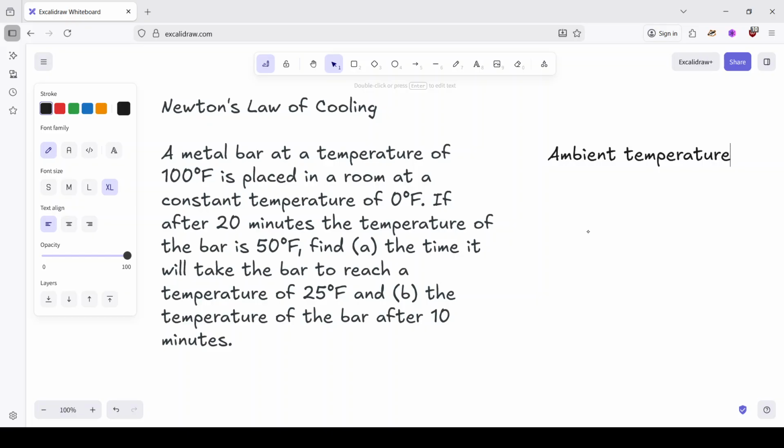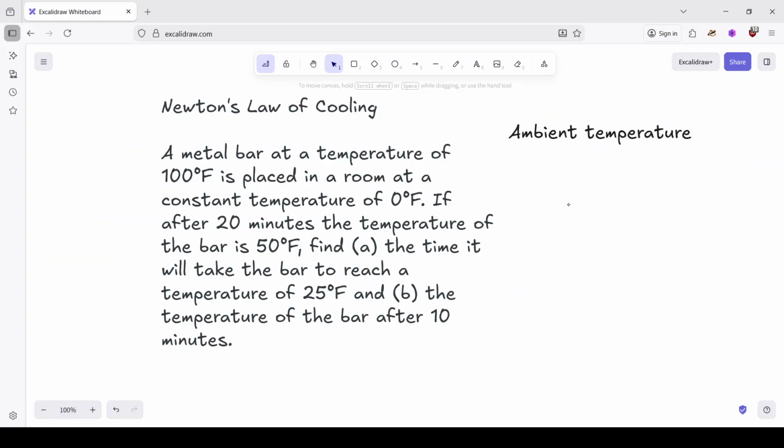For example, you have a cup of coffee, and the room temperature is 27 degrees Celsius. If the coffee cools down, the lowest temperature that the coffee will cool down to is 27 degrees Celsius. It cannot go lower than 27 because it is the ambient temperature, or the temperature of the surroundings. So the ambient temperature is the lowest or the highest temperature possible.